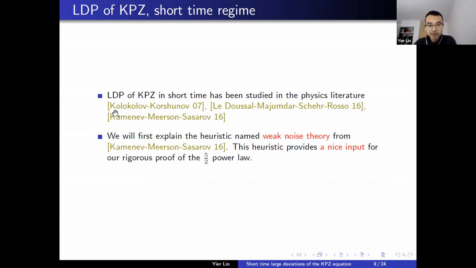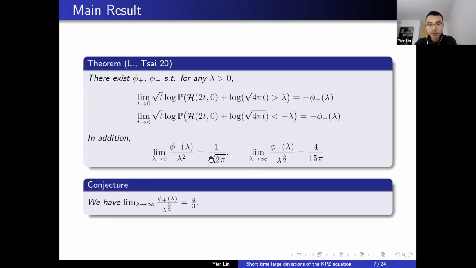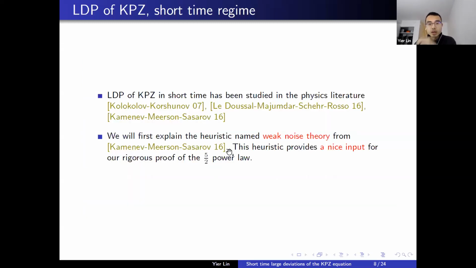For example, first in the work of Kolokolov and Korshunov in 2007, where they predict this 5/2 power law in the deep lower tail, and also two works in 2016: first by Le Doussal, Majumdar, Schehr, Rosso, and the second by Kamenev, Meerson, Sasorov. Both predict the exact asymptotics for these limits.